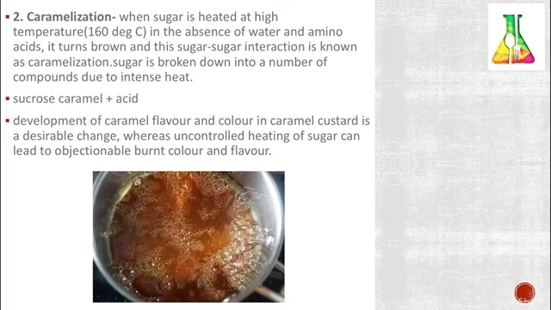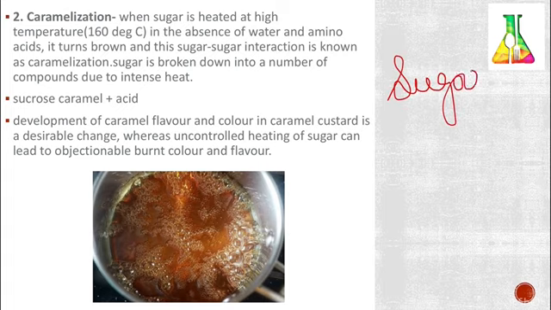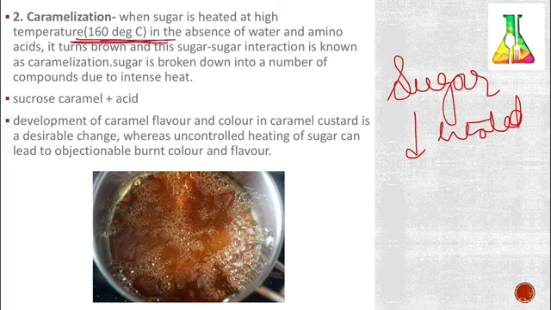Okay, so caramelization: sugar in dry condition, when heated beyond its melting point, decomposes and forms a brown mass known as caramel. And what is the temperature? Learn it or mark it.